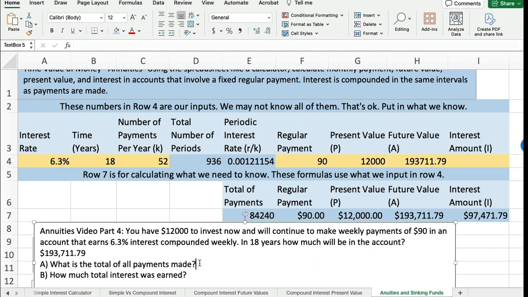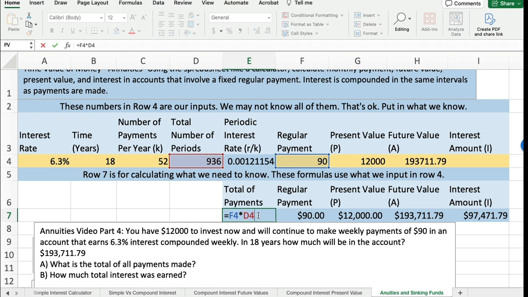So what's the next question? The next part of the question says, what is the total of all the payments made? We've calculated that in the past. That's here in column E. Again, that's going to equal whatever our regular payment is, F4, times the total number of payments that we're making.